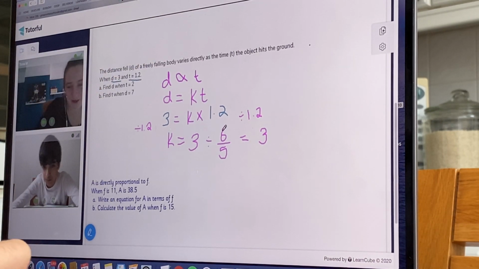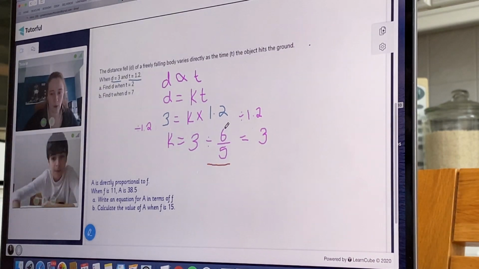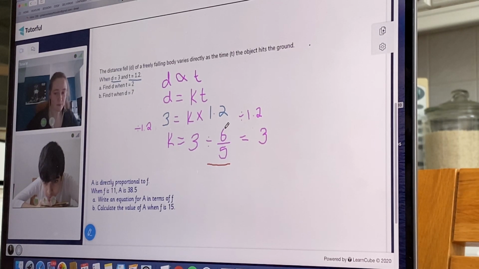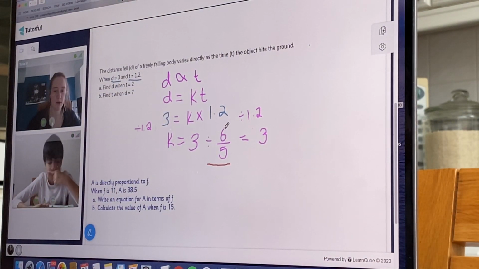So we don't just divide the top and divide the bottom. We have to do something first. Not quite, good guess though. We have to flip this round. We can't ever divide by fractions, we can only multiply. But we know that if we flip this, it's the same as dividing.